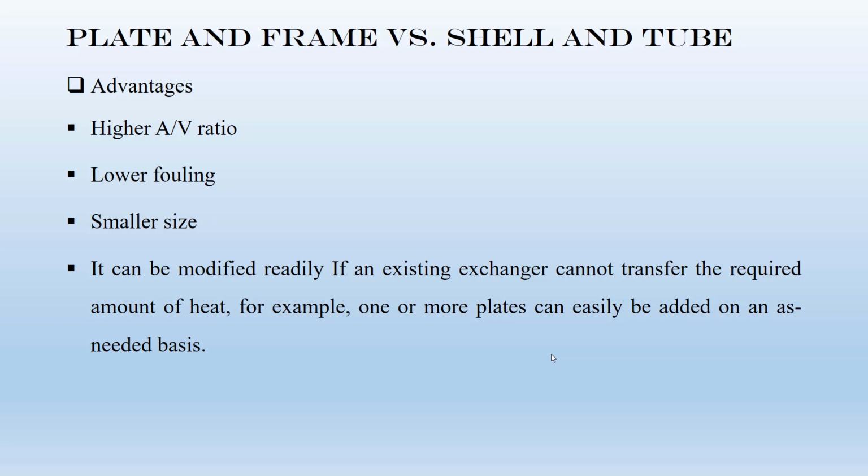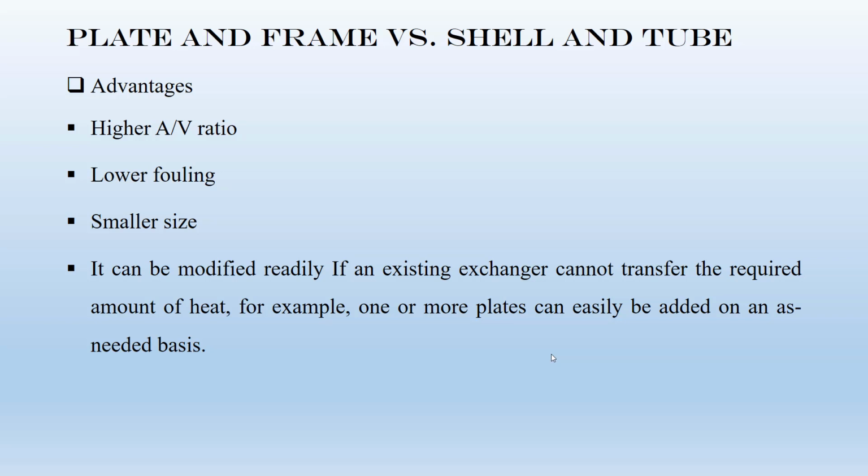One of the specifications of a plate and frame heat exchanger is that you can simply change the capacity of the heat exchanger. For example, you have this heat exchanger with a capacity of A, and after 1 year, 2 years, 10 years, for some reason you need to add heat transfer area.